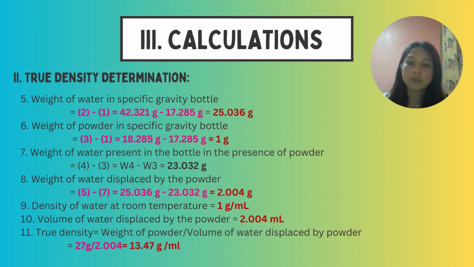Then for the volume of water displaced by the powder, we have the value of 2.004. And then for the true density, which has the formula of weight of powder over volume of water displaced by powder, we have the value of 27 grams over 2.004 ml, which totals to 13.47 grams per ml.